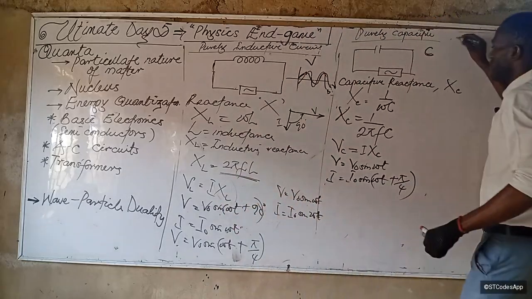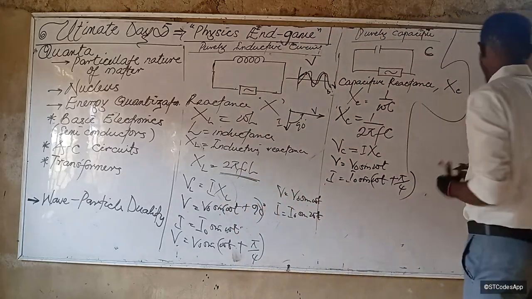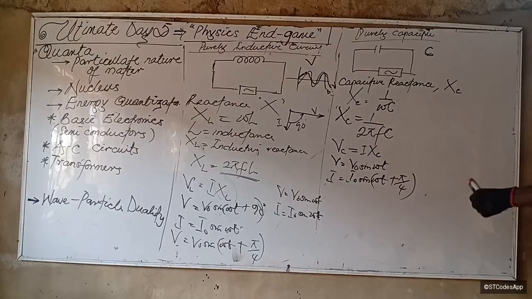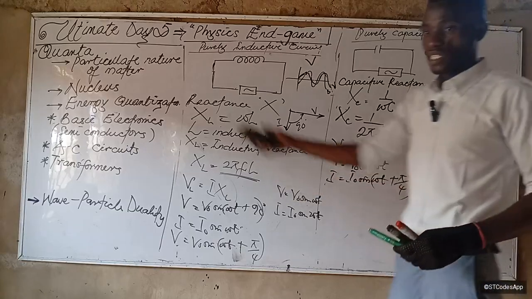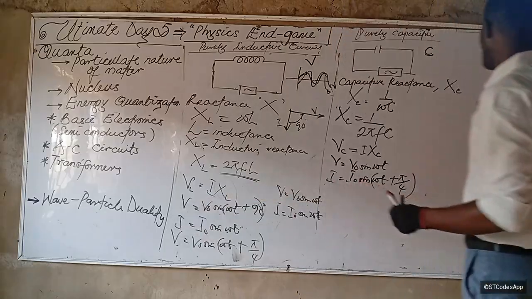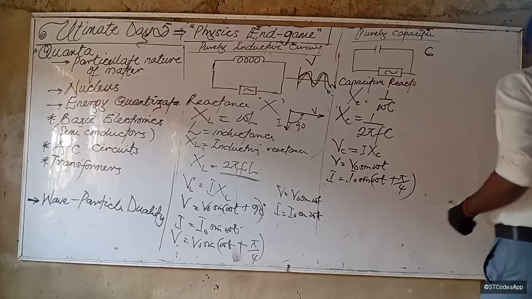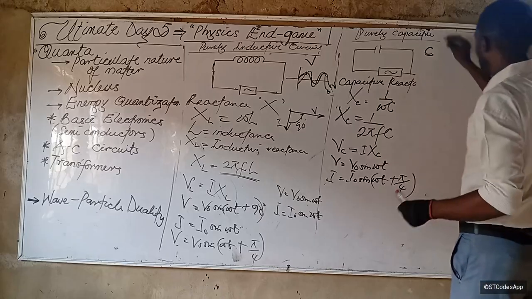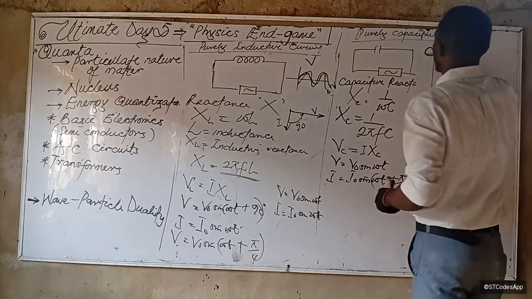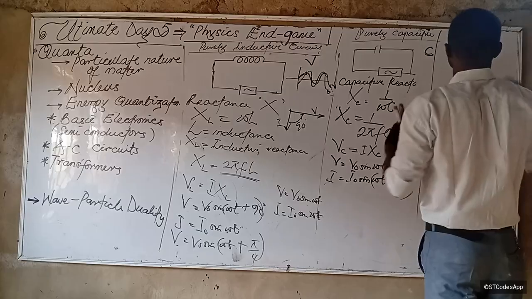Now we have a circuit where both are combined. So let's combine both now. Have you written these topics? So what if we now combine a capacitor and an inductor?